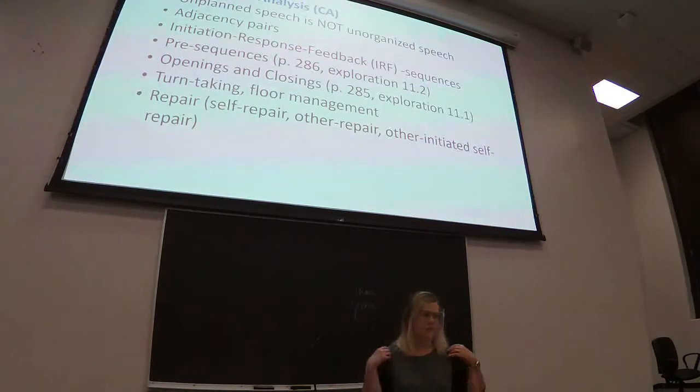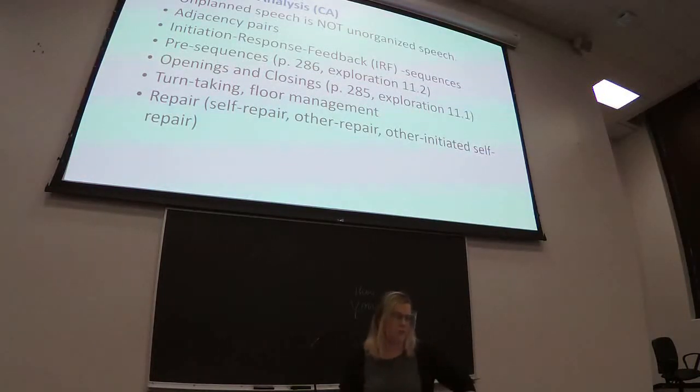It's not random, even though we are not really aware of the rules of discourse until something goes wrong, and then we are like, okay, there must have been a rule that this person or I or whoever was part of that interaction now broke. So a breaking of a conversational rule is an indication that there is a rule, because we feel uncomfortable. Unwritten rules, unspoken rules, just subconsciously we are somehow aware of these.